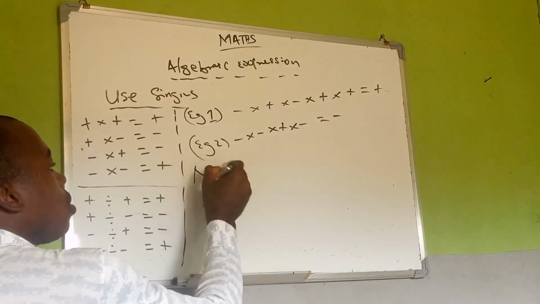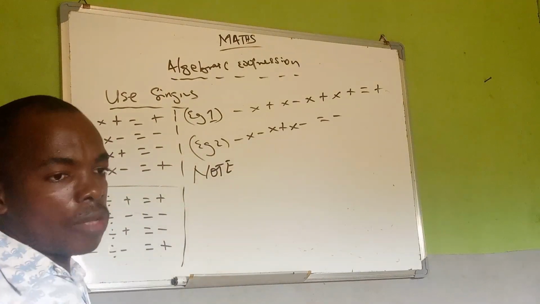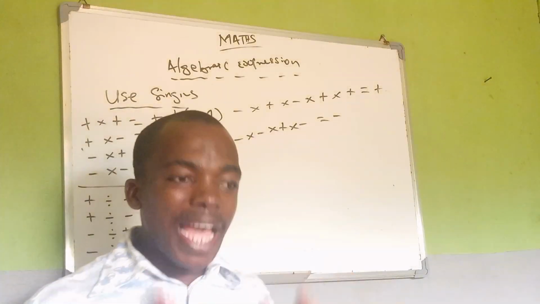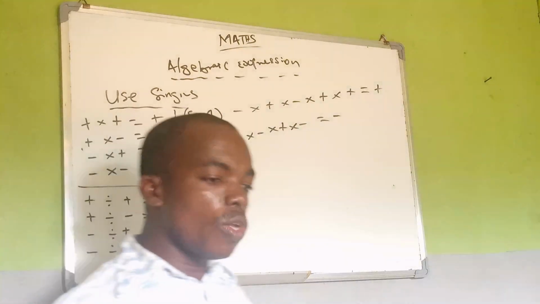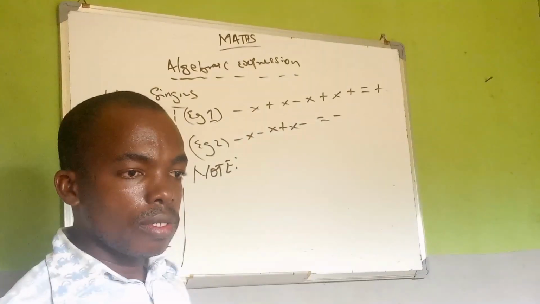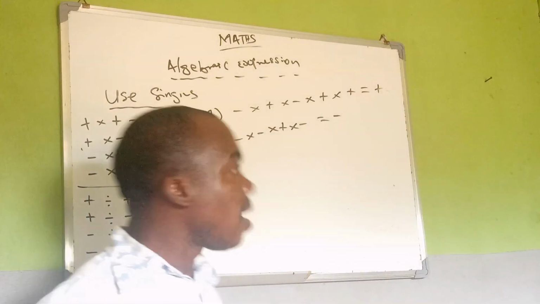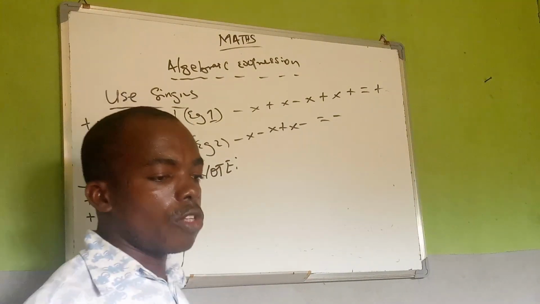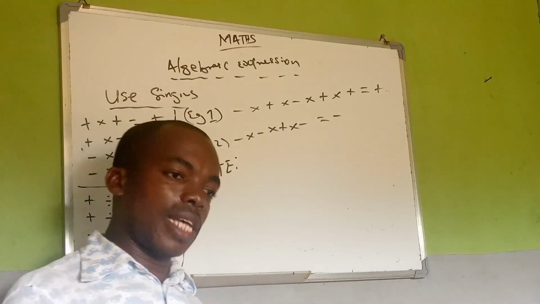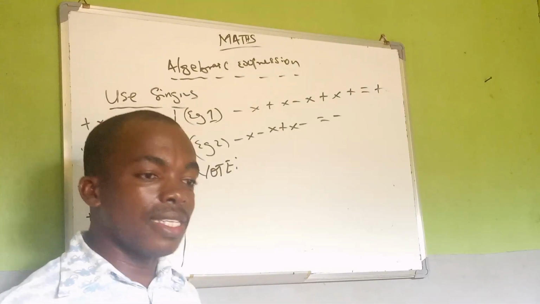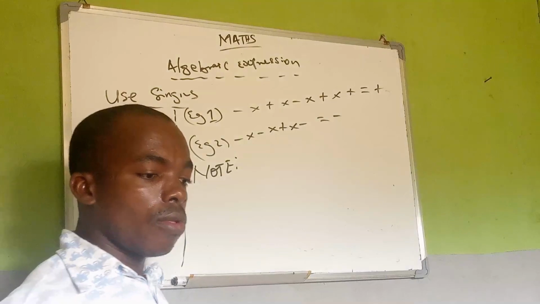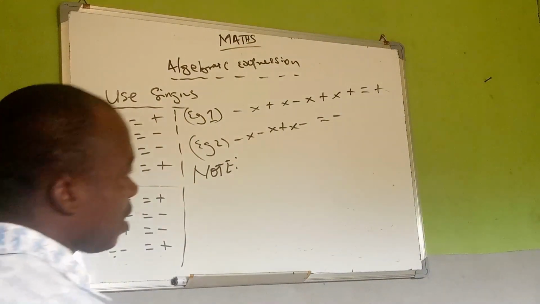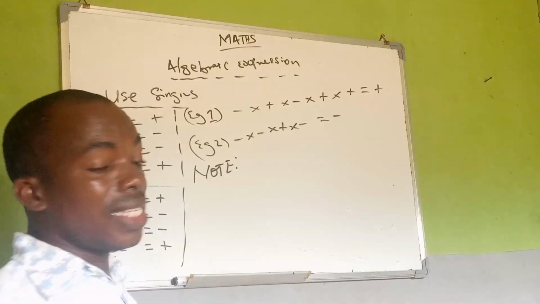Now I want you to note something. Just write notes. Note that whenever there is a sign standing alone, then there is always a 1 with it. Some people can say the 1 is at the back, some people can say it is at the front. It's just understanding that matters.